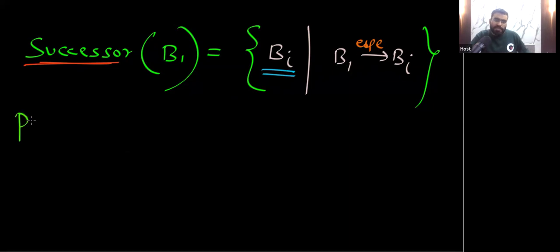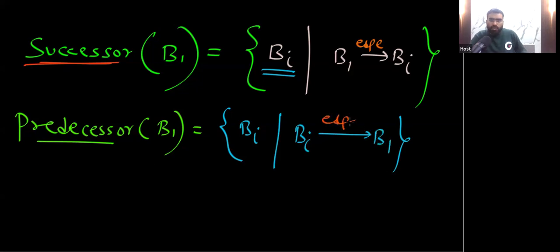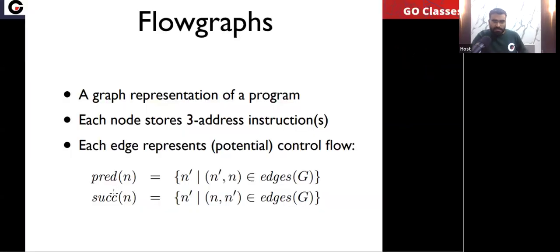And what will be the predecessor of B1? The predecessor of B1 will be those basic blocks from which there is an edge to B1. So it's a very simple definition.